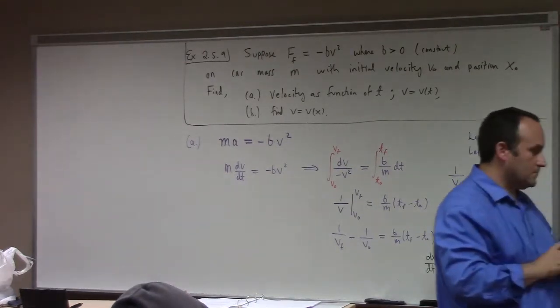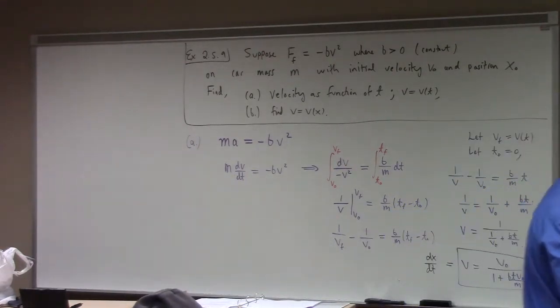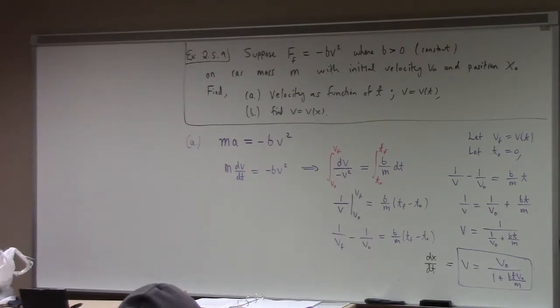And so we can exponentiate both sides, and we get that the absolute value of vf over v naught is equal to e to the minus b over m times xf minus x naught, yeah? Exponentiating both sides.